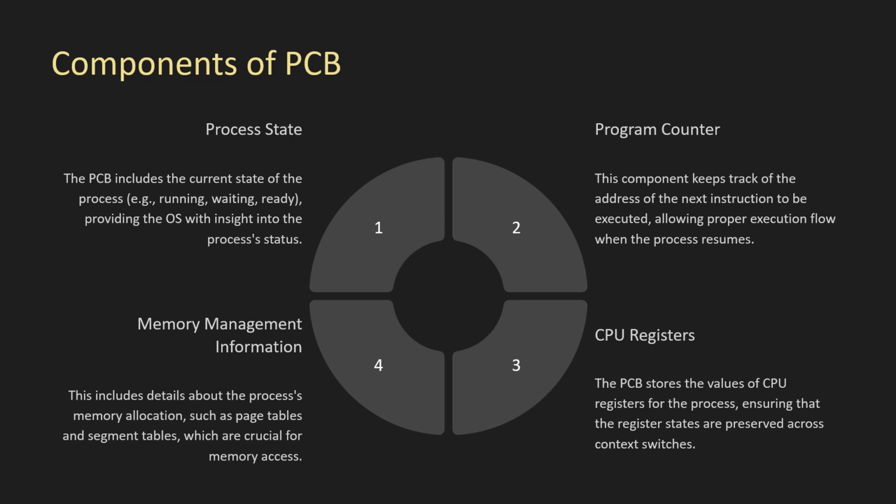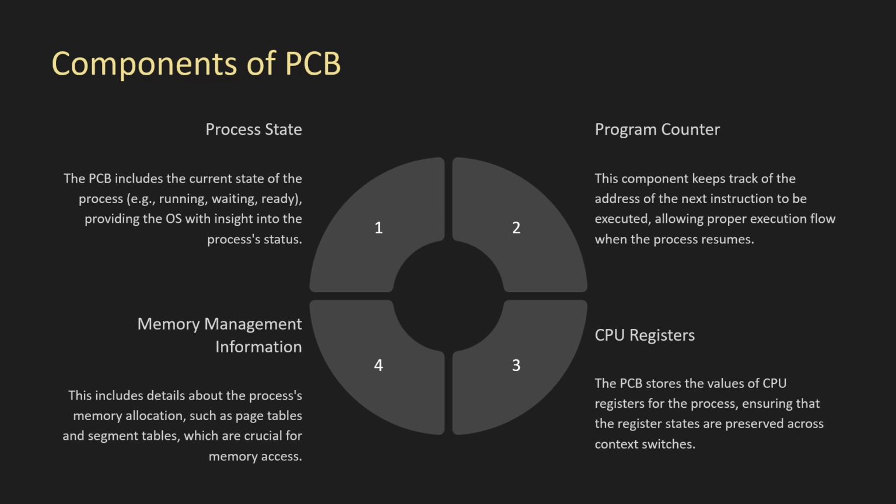There are some other components of the process control block: process ID, a unique number for each process; accounting information, such as CPU usage time and process priority; and input output status, which files or devices the process is using.